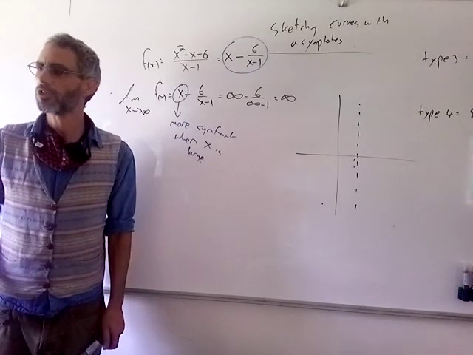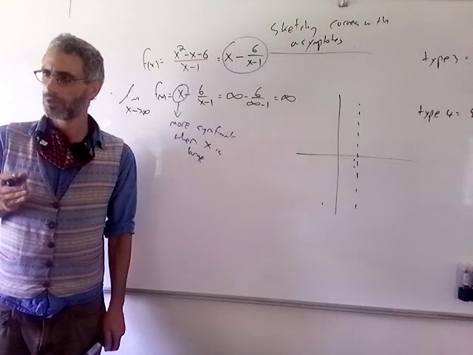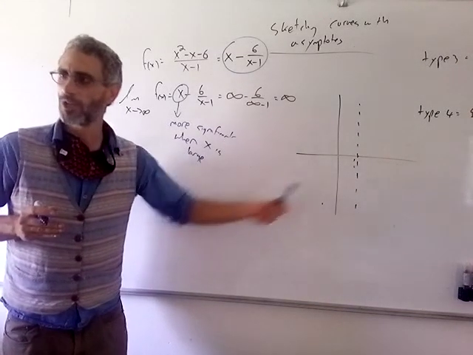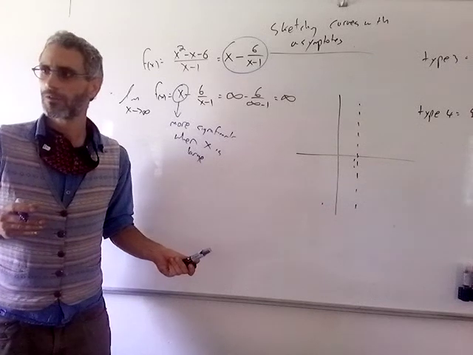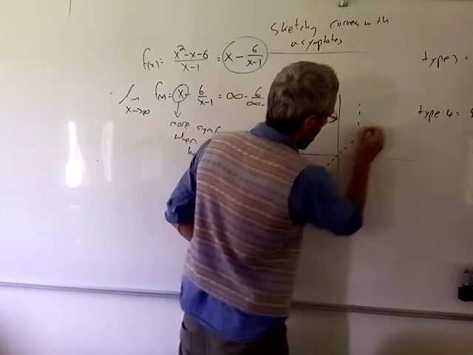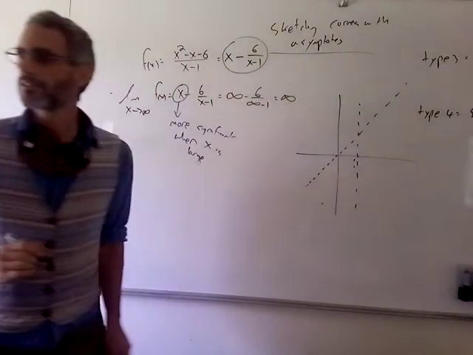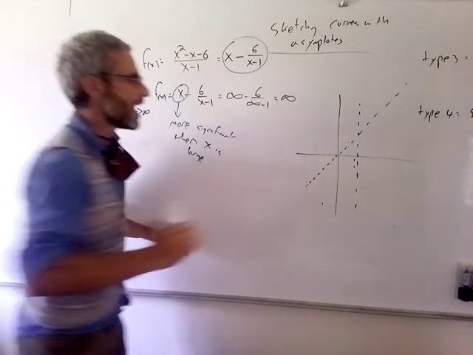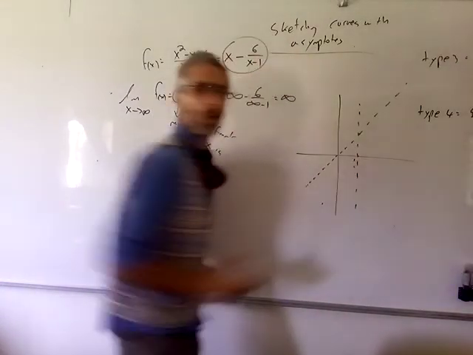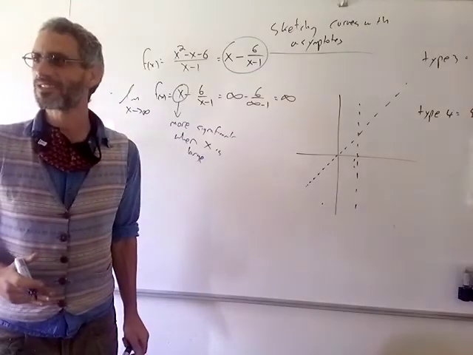A straight line going through the origin, at 45 degrees. So we've got an oblique asymptote. When x approaches infinity, it will get closer and closer to f of x equals x.